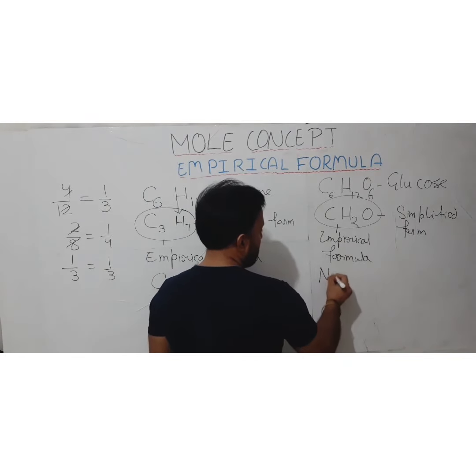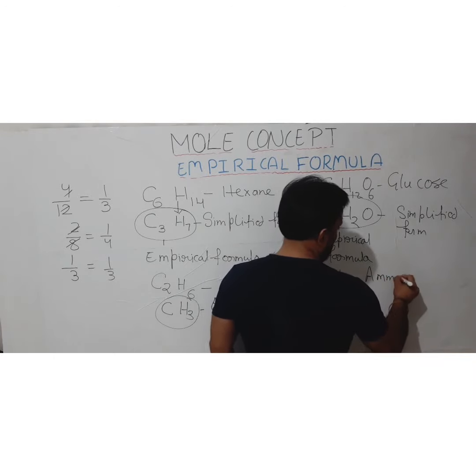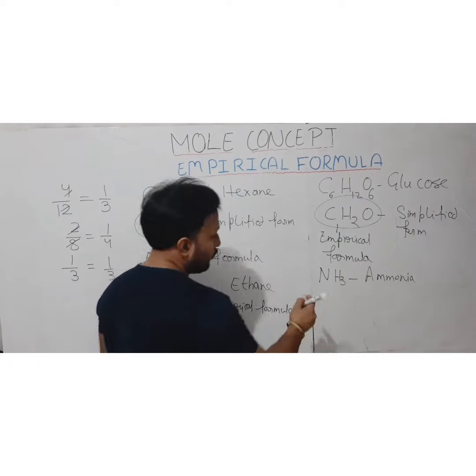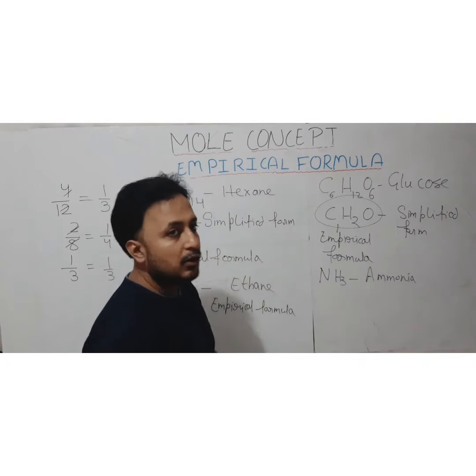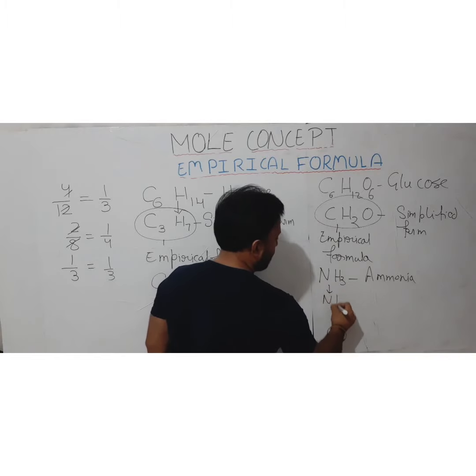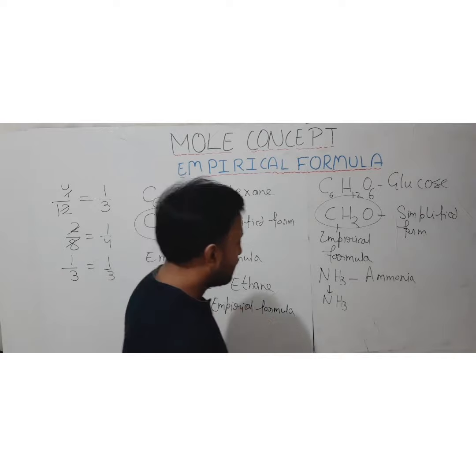Now we can take one more example. Suppose we have NH3, which is ammonia gas. If you try to simplify this, you cannot simplify it further. On simplification it will remain NH3, or we can say that it cannot be simplified.